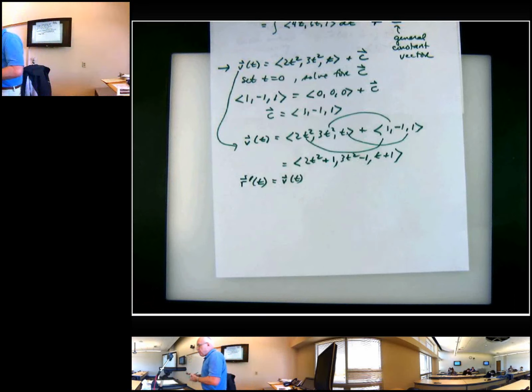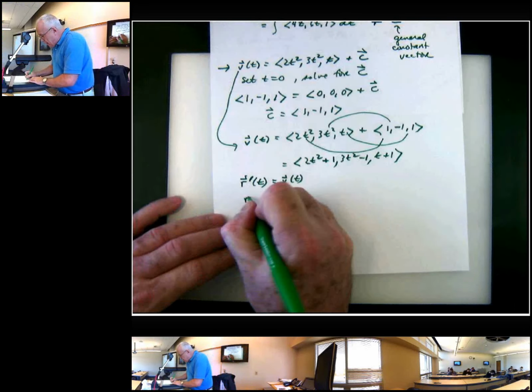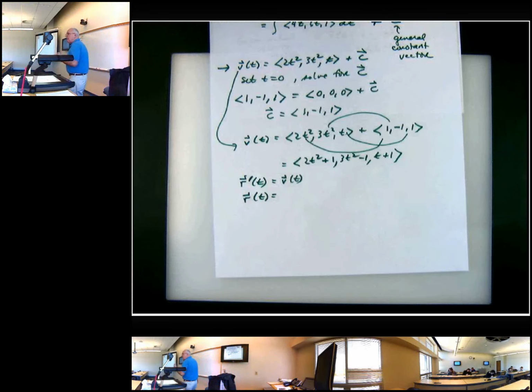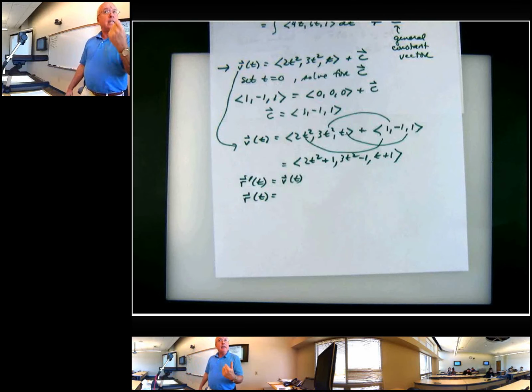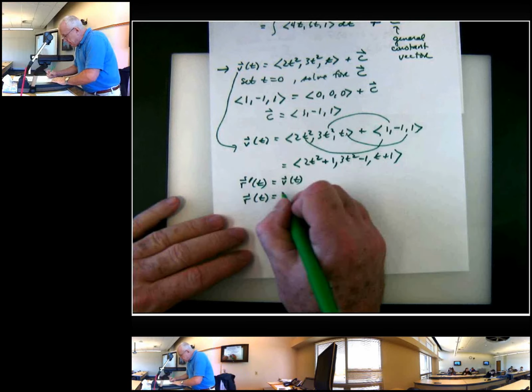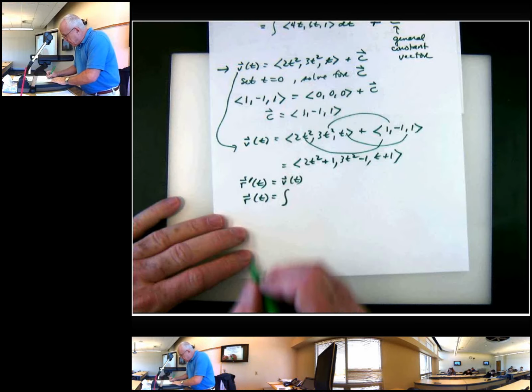So I can solve for my position vector just like before with the velocity, by getting the antiderivative. If I know what its derivative is, I can then get the antiderivative to find out what it is. Okay, everybody clear on that? We're going backwards. So this is going to be the antiderivative of the velocity vector.